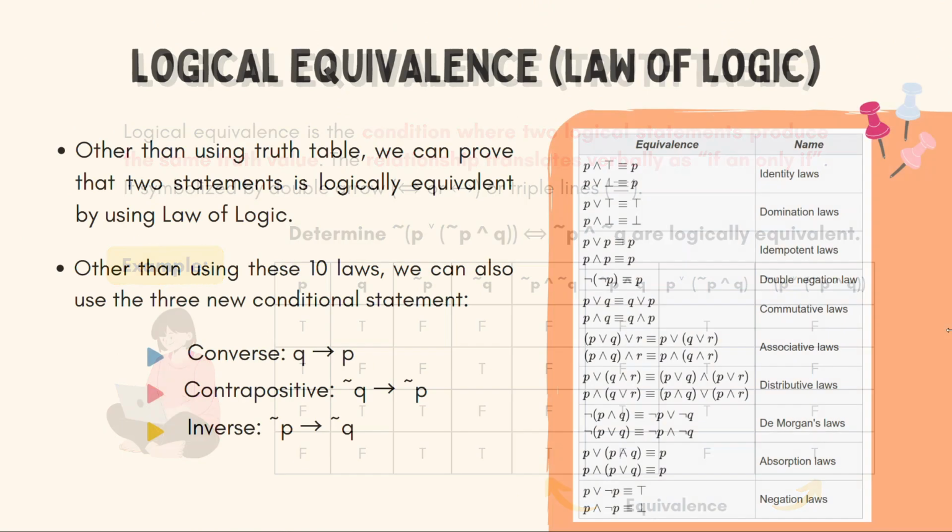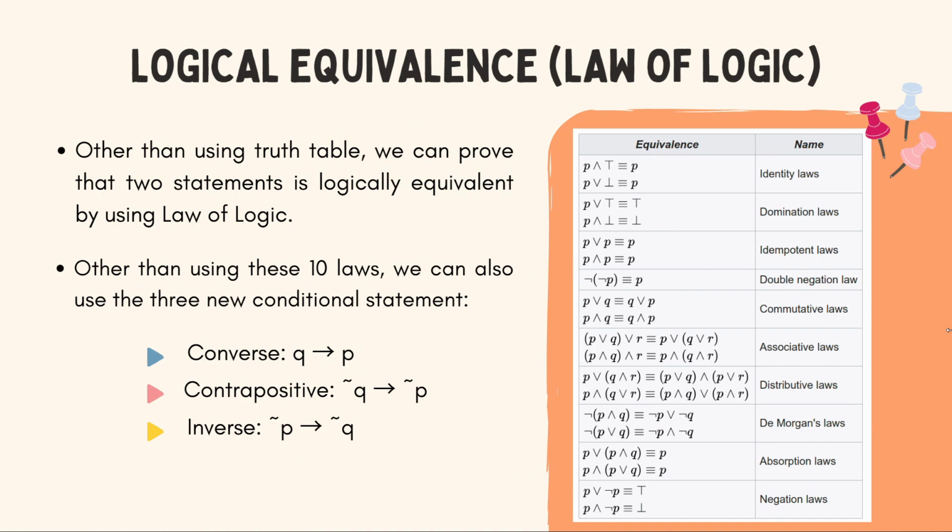Other than using a truth table, we can prove that two statements are logically equivalent by using laws of logic. There are actually 12 laws, but most people only use 10. We have identity, domination, idempotent, double negation, commutative, associative, distributive, De Morgan's, absorption, and negation laws.